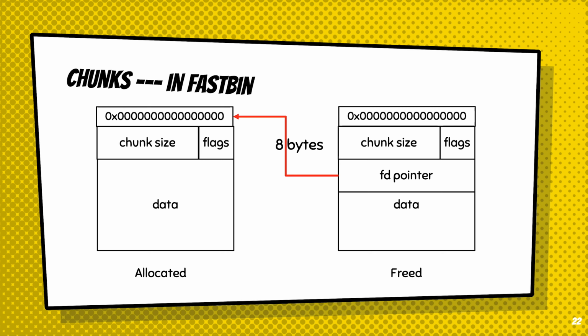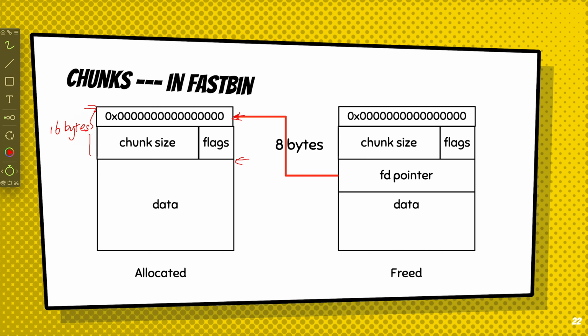For fast bin, it still stores a forward pointer when a chunk is freed. But in this case, it points to the head of the chunk, the first byte of the chunk. So it's no longer this place. There is a 16 byte difference.